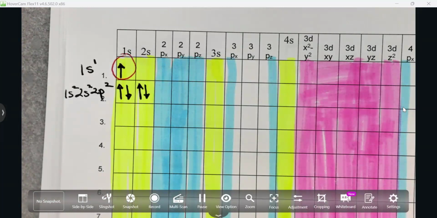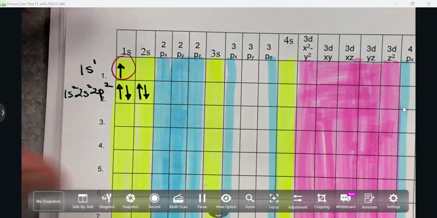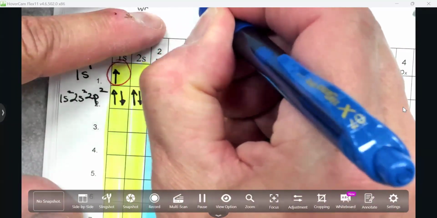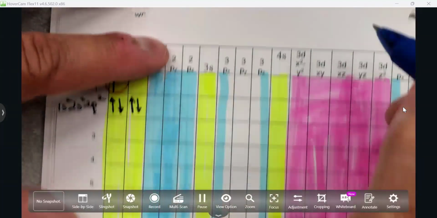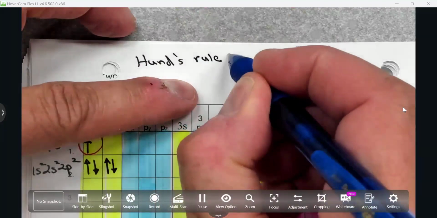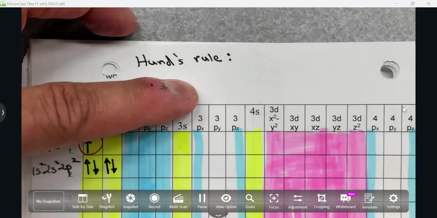I'm left with 2p2. And in order to do 2p2, we have to do this according to Hund's rule. Well, Hund's rule says this. We can put it right up here, but let's just put it right here.